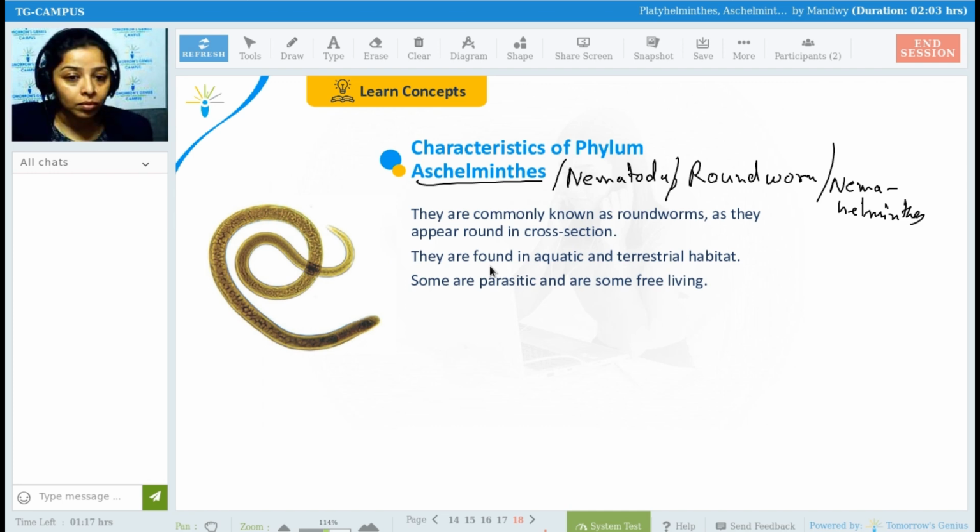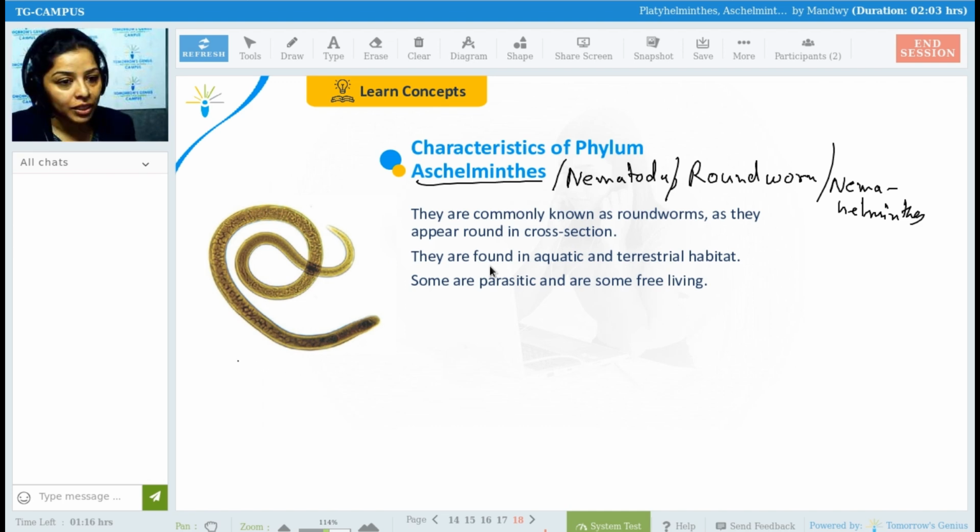So it is called Aschelminthes, the cyst-forming worm. Okay. They have a special feature, nema, so it is Nematoda or Nemathelminthes. Okay, so these nematodes live in freshwater, seawater, soil, humus-rich soil.